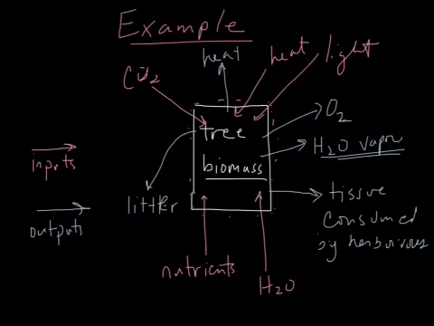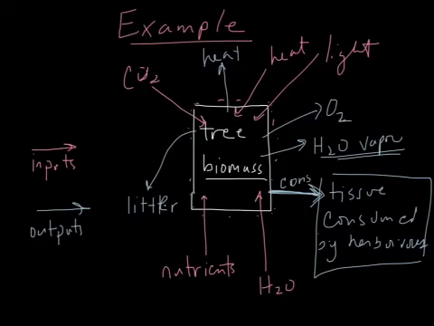So you could also, if this is like an animal, this could be the herbivore. And so that's the tissue. And so now I've connected two storages with a flow. And that flow, you could label that consumption. The act of consuming.